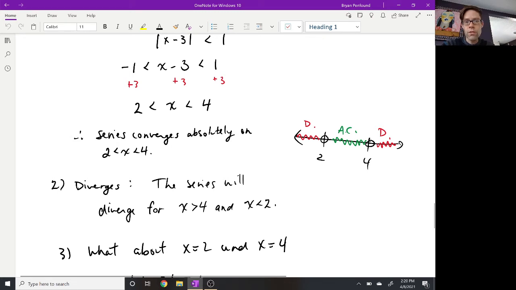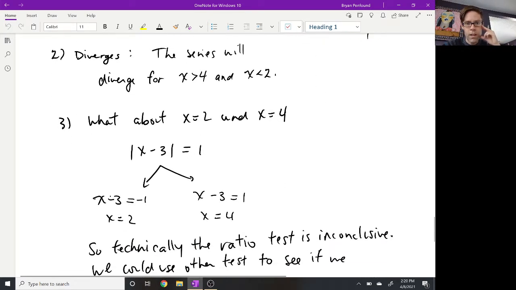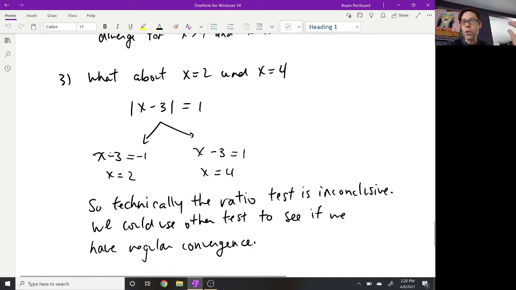As soon as you find your region of absolute convergence, you can find the opposite regions that will give you the divergence, and then you're usually going to be stuck with 1 or 2 endpoints. In this case, we got stuck with the endpoints of 2 and 4, and these happened to be exactly where the ratio test would give us something that's inconclusive.